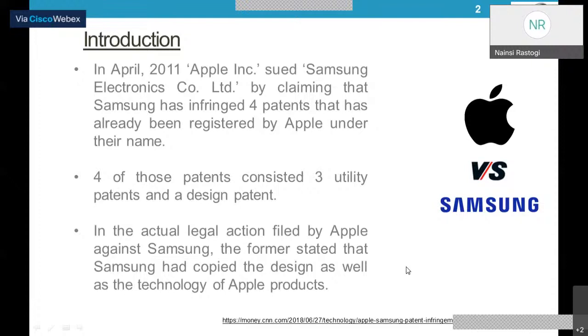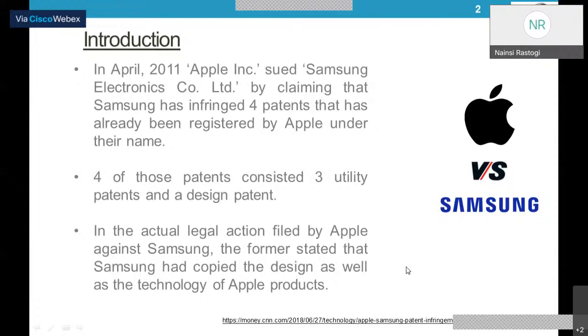In the legal action, Apple stated that Samsung had copied the design of their phone and tabs. Apple was the leading company from 2007 onwards, when they launched their first phone, which had a big marketing value.